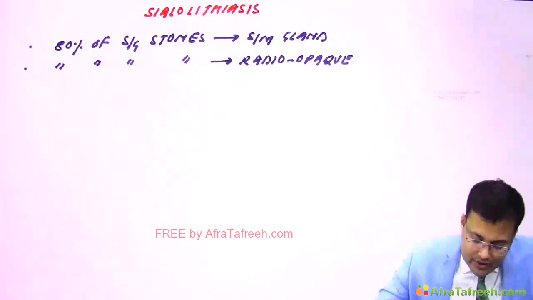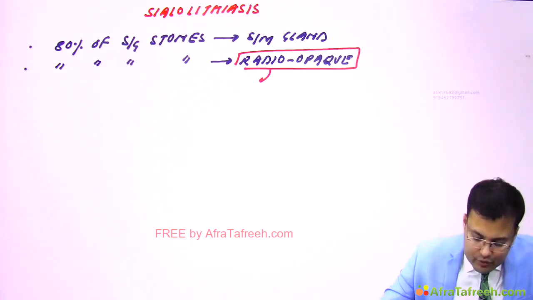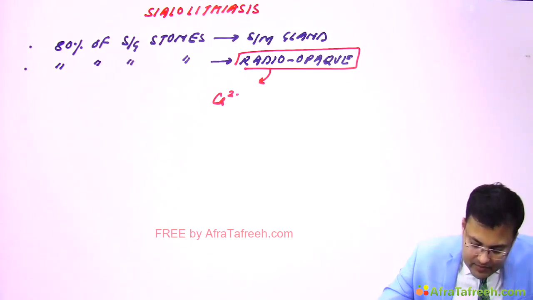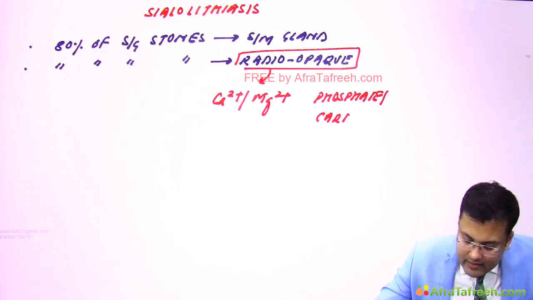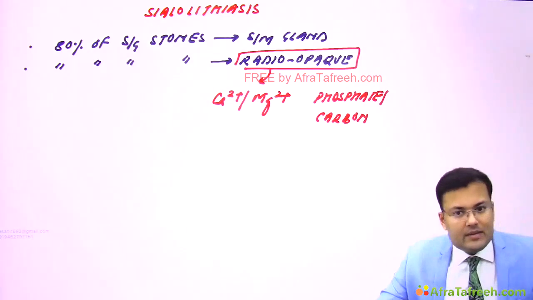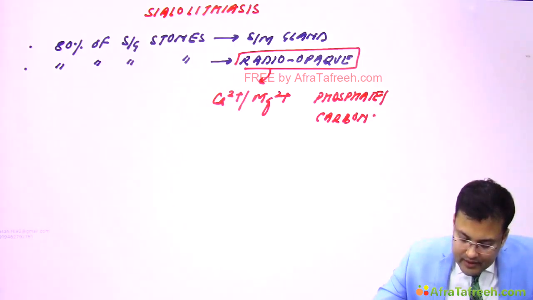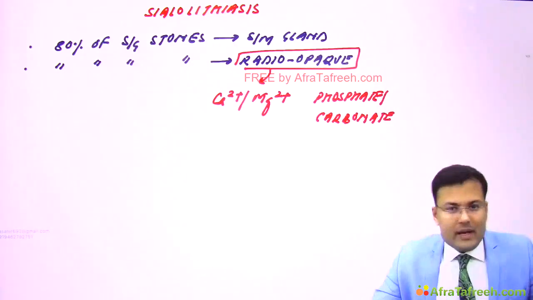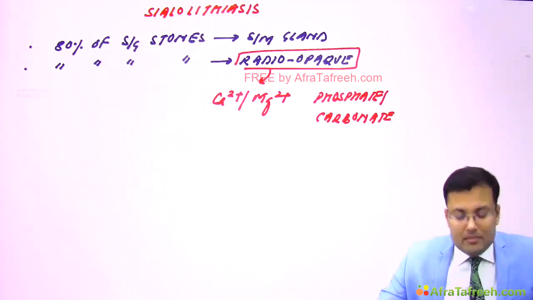Okay, see the composition. The salivary gland stone is composed of calcium or magnesium phosphate or carbonate. So it can be calcium phosphate, calcium carbonate, magnesium phosphate, magnesium carbonate. Why is it more common in submandibular gland?